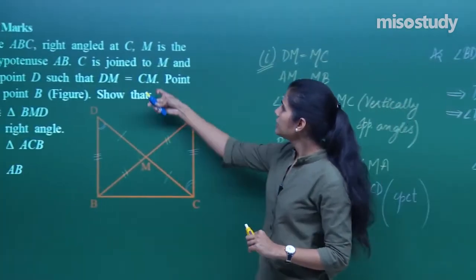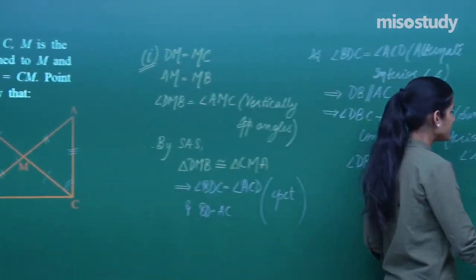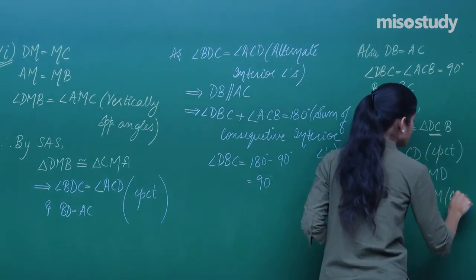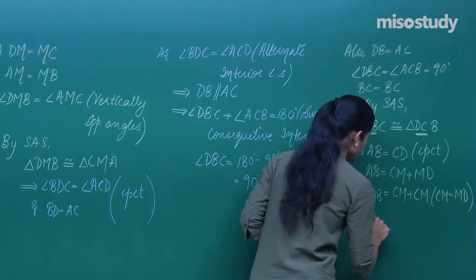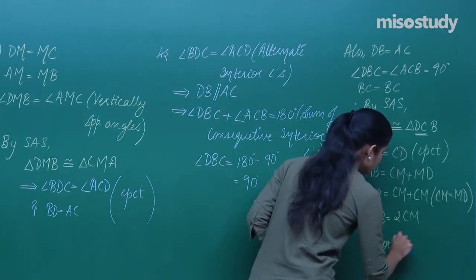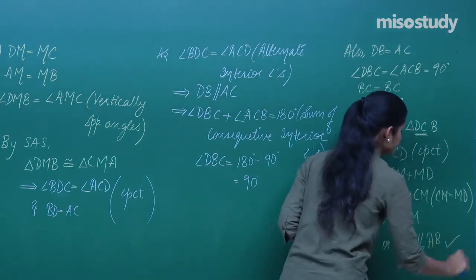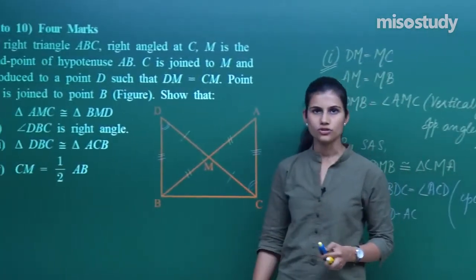It is given to you, CM is same as MD, right? So I can replace MD by CM only because CM is same as MD, and this is AB. So you get AB is twice CM or CM is half AB, and that completes the proof of all the four parts given in the question.